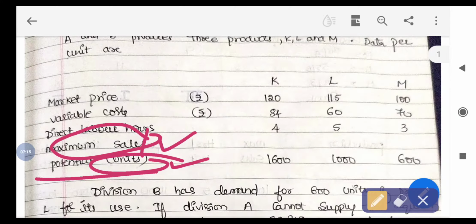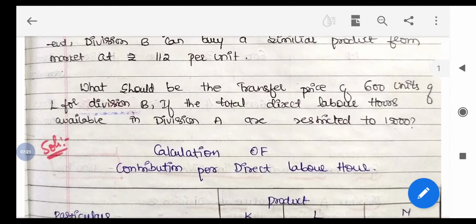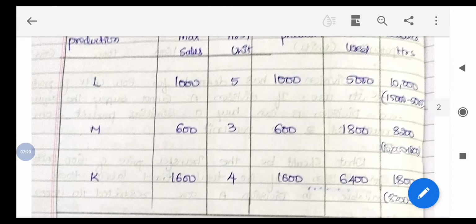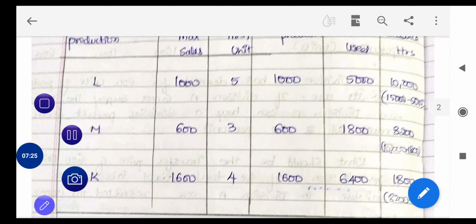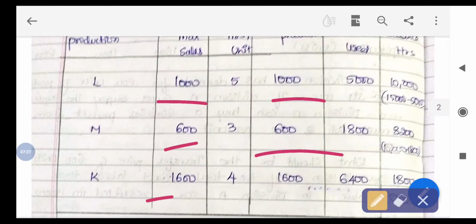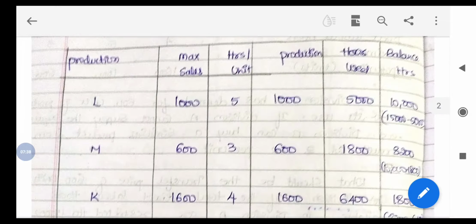What production they are giving, that is in manufacturing units, the maximum they are selling. So same will be there, that is 1000, 600, 1600. You can take any one of the columns if you don't want to repeat it, so there's no problem. Next we have to see for this production how many hours are taken.